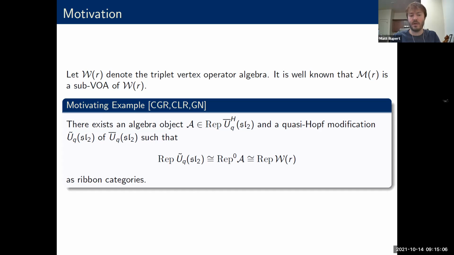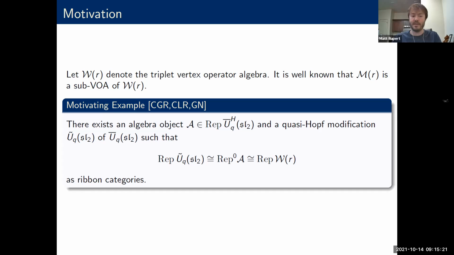And you can also find the quasi-Hopf algebra which realizes this category of local modules as its own representation category. And this turns out to be some quasi-Hopf modification of the small quantum group.